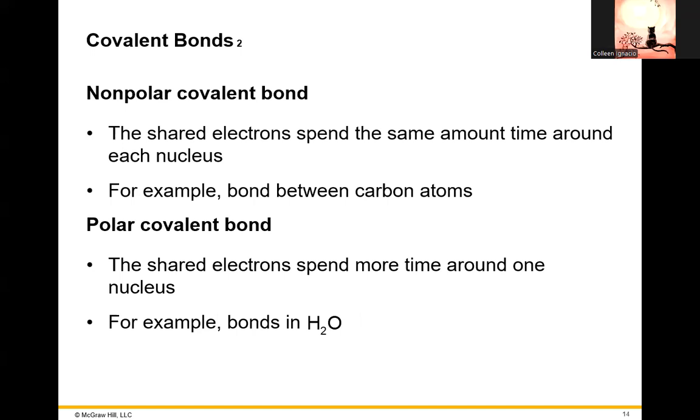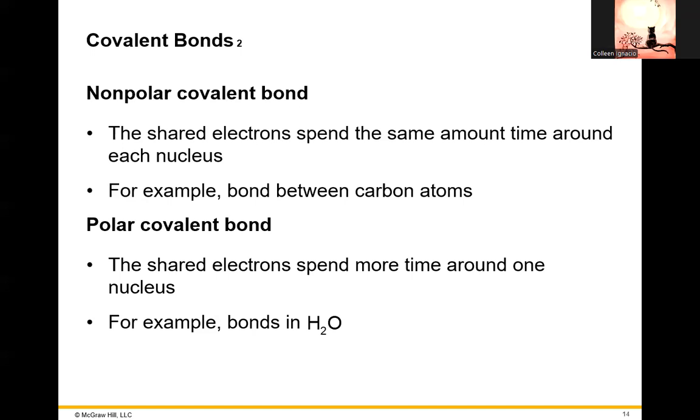Now, non-covalent bonds, or I'm sorry, non-polar covalent bonds, they share electrons, and the electrons spend the same amount of time around each nucleus. So there is no net charge.